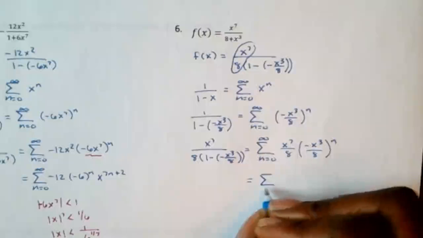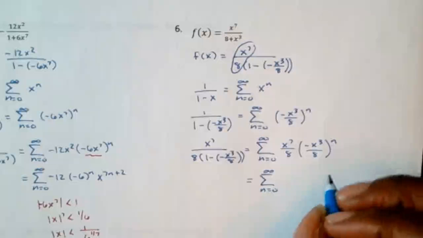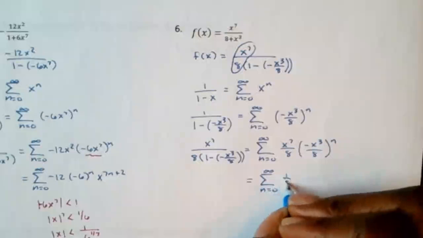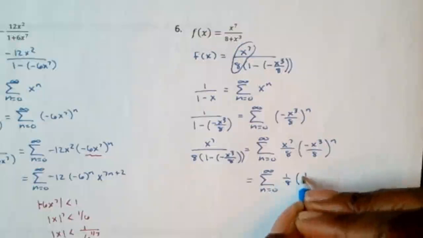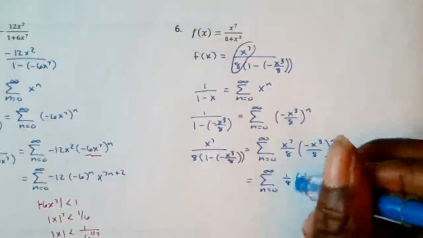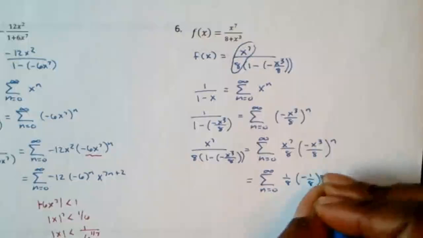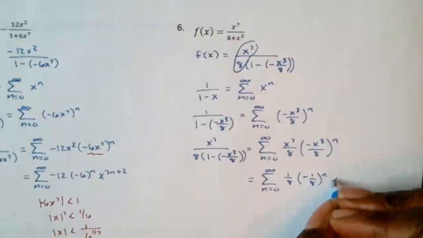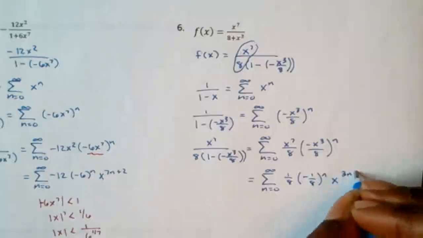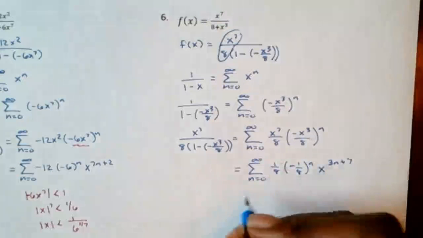So I'm going to get the sum n equals 0 to infinity. I see 1/8. That's from here. And then I also see negative 1/8 to the n. All right. And then I also see x to the 3n plus 7. Now I can write that a little bit nicer if I wanted to.